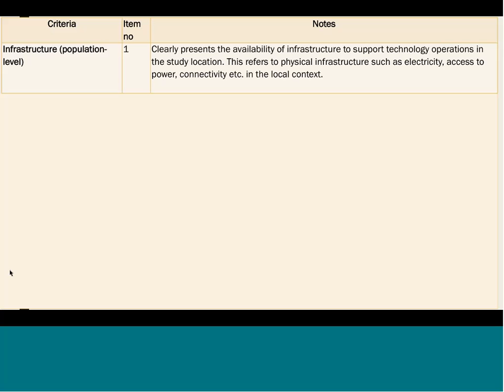For example, a number of studies may report a percentage of people who have access to a mobile phone or who have network coverage. And we recommend that if such statistics are reported, they should be reported for the area where the intervention is being implemented.